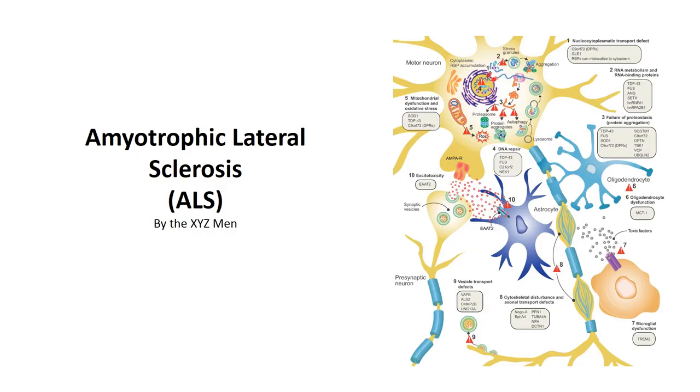But other medications can be required to treat things like constipation or depression, other things that come along with having such a terrible disease like ALS. So, yeah, that's all I have there.